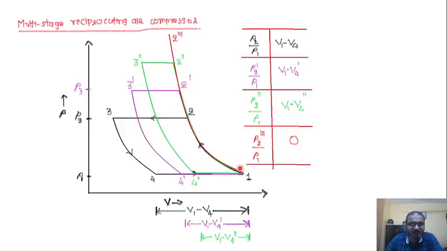We discussed how, in order to increase the pressure ratio of a compressor in a single stage, the swept volume keeps on decreasing, and at one stage there is no available swept volume, so there is no air delivery. So in order to increase the pressure ratio, it is necessary that we use more than one cylinder for compressing the air.